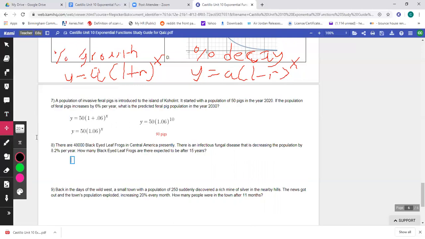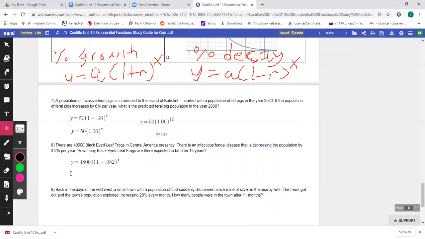So I'm going to start with Y is equal to 48,000. And then this is going to be 1 minus 0.082. Remember, to change this to a decimal, we move that decimal 2 times to the left. So it's 0.082 to the X.